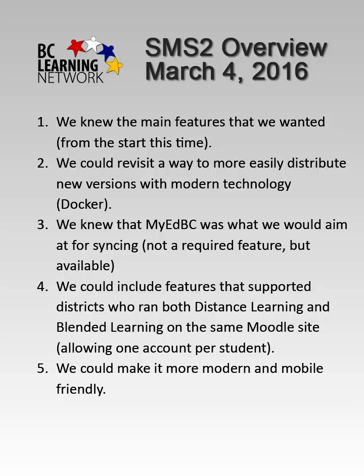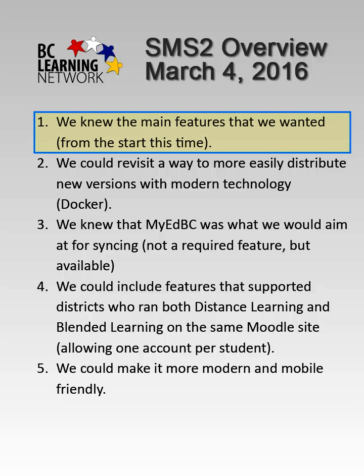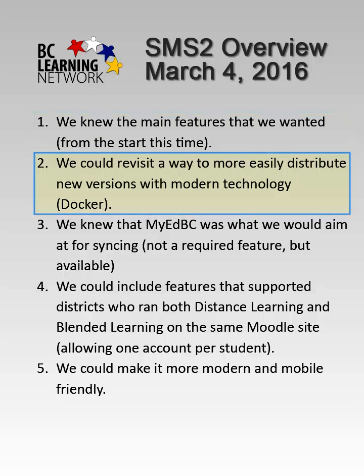So the reasons why we headed to SMS2, number one, we knew the main features that we wanted right from the start this time. Two, we could revisit a way to more easily distribute new versions. In other words, there's modern technology out there, Docker, that would make it pretty transparent to systems out there, that you could update the SMS and allow them to just quickly update it in the background, and nobody knows the difference.